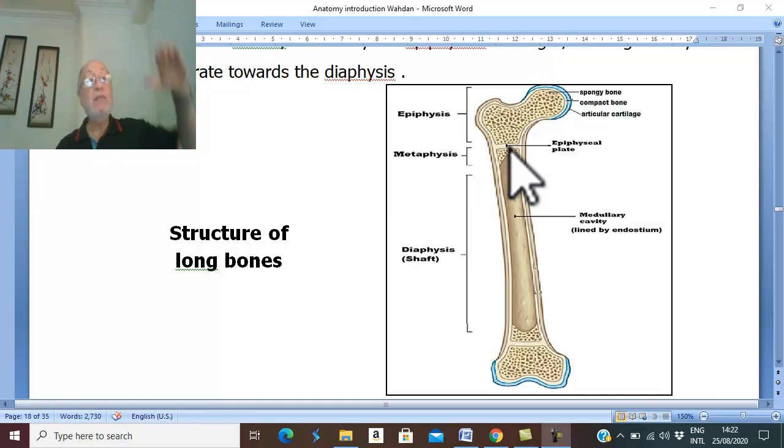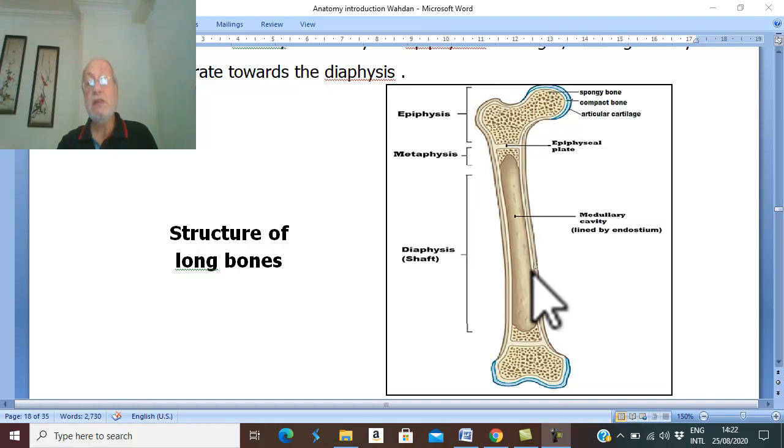Therefore, females always have a shorter stature than males. The bone in males continues to grow for about 2 years after the corresponding female.